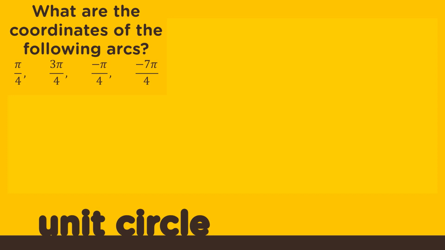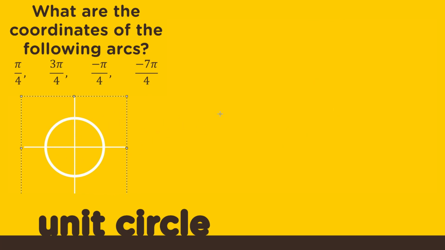As you can see, all of the denominators for the given arcs here are the same. We have 4. The hint here is we don't need to memorize the coordinates of these arcs. Simply remember the simplest form, which is pi over 4. But first, let's illustrate that here on our unit circle.